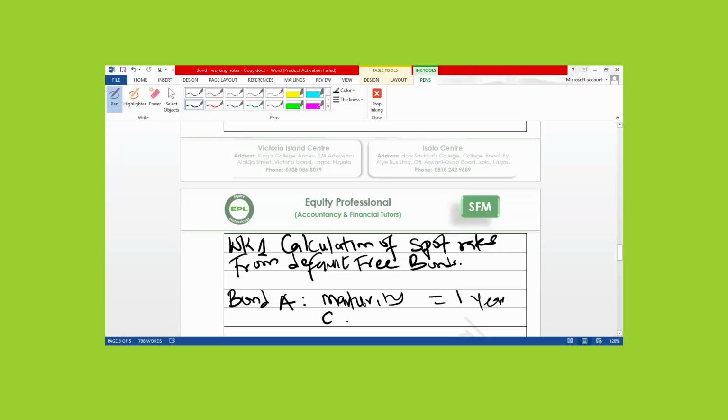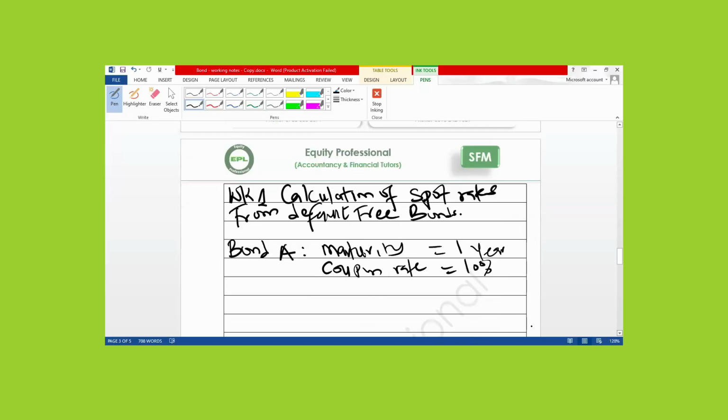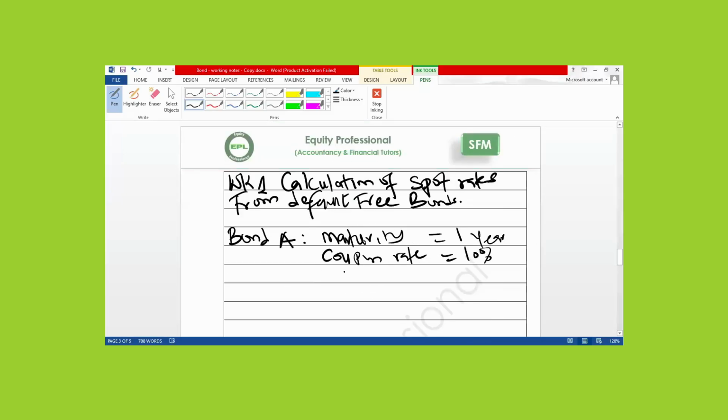The coupon on bond A, the coupon rate, 10%. Price of bond A, 105. Redemption for bond A, 100 naira.